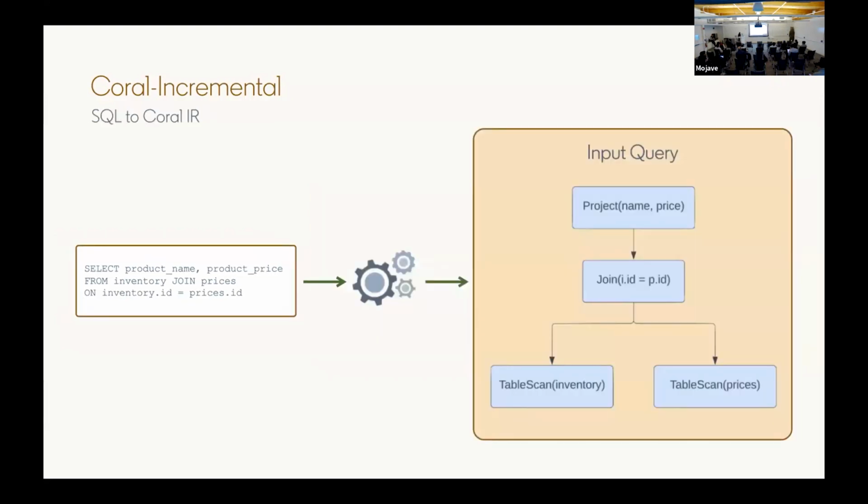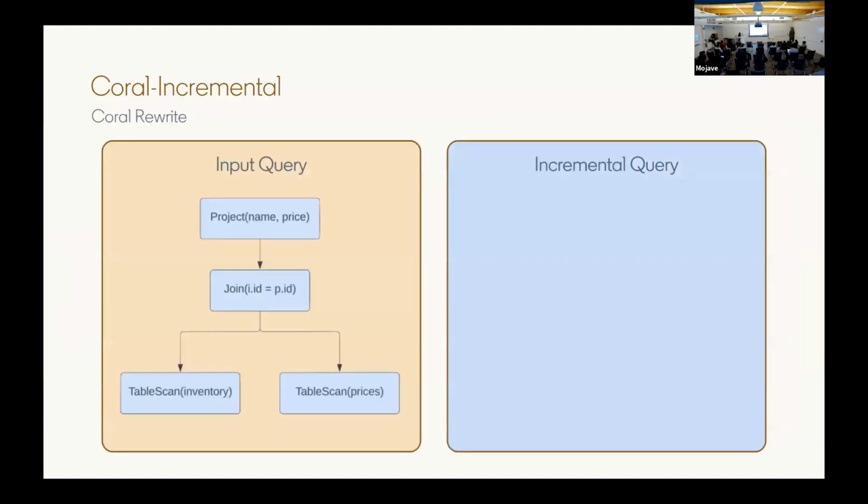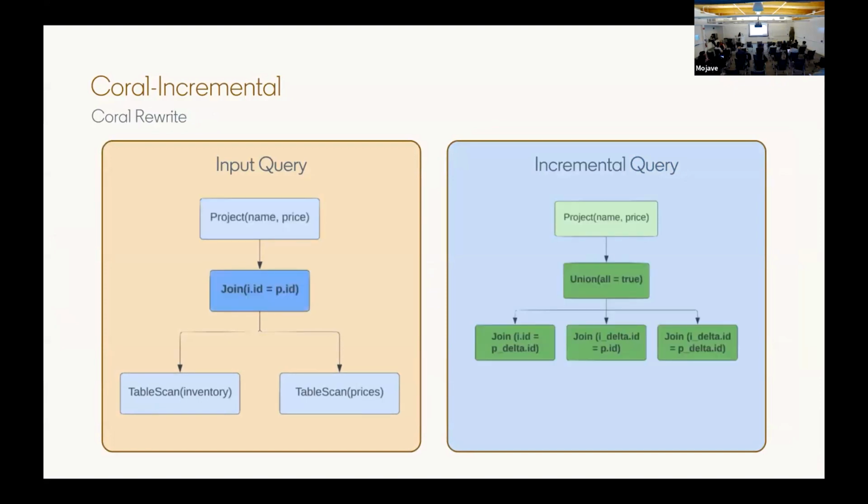Coral incremental is the component of Coral which can take in a SQL dialect specific definition and, using the existing adapters, convert it into the Coral IR logical plan, which is represented on the right hand side. And Coral incremental module will help us rewrite this logical plan where we are projecting the same fields, but when it encounters a join, it will split that into a union of 3 subqueries, where each join is between the base table, the existing table, and the delta table, or the 2 delta tables as shown on the right-hand side.